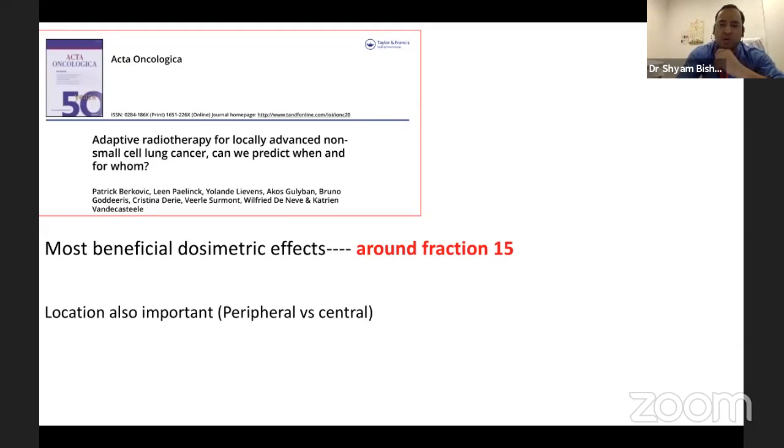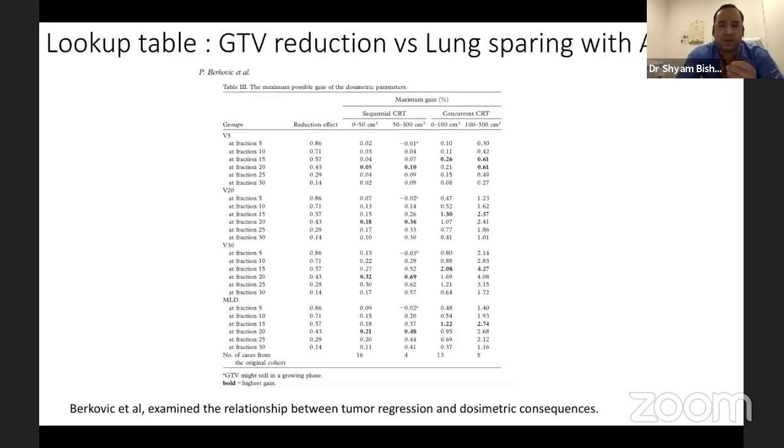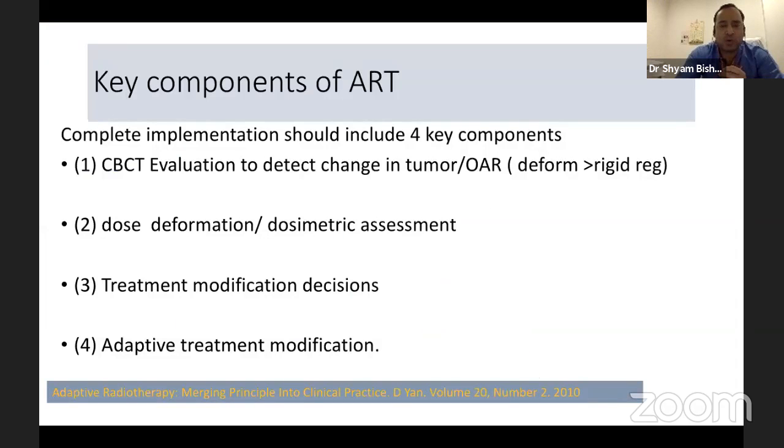Many studies quote around 15 to 20 fractions as the ideal time to do adaptive radiotherapy, and the location of the tumor, peripheral versus central, is also important. There are lookup tables which compare GTV reduction versus lung sparing with adaptive radiotherapy. And how to adapt? Key components are doing a CBCT, dose deformation, and treatment modification decisions.